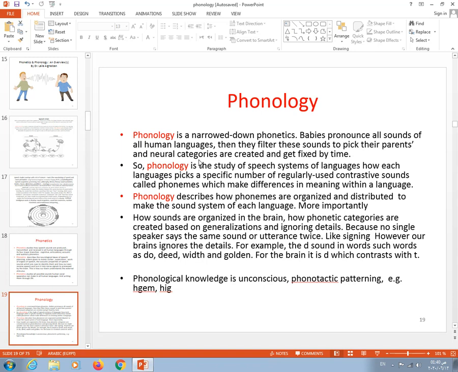It's like signing. If you sign your name, for example, several times, it's never the same; every time you sign in a different way. But because your brain ignores these details, we look at these different signatures as one, and we say this signature belongs to X or to Y. Why do we do that?